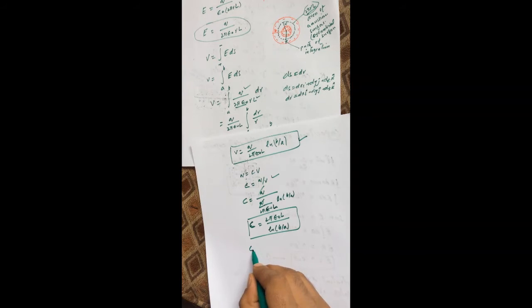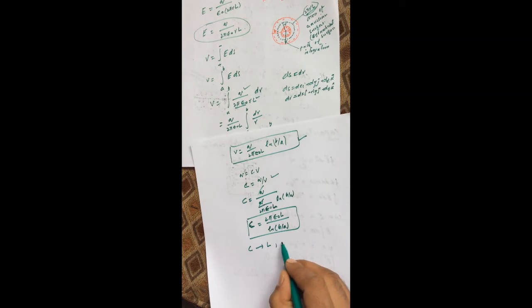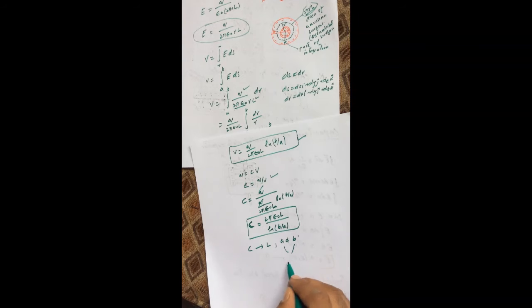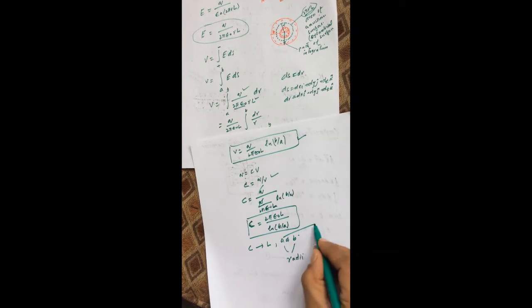The capacitance depends on the length of the cylinder and also on the radii A and B. This is the radius of the inner cylinder, and this is the radius of the outer cylinder. So this is all about capacitance of a cylindrical capacitor.